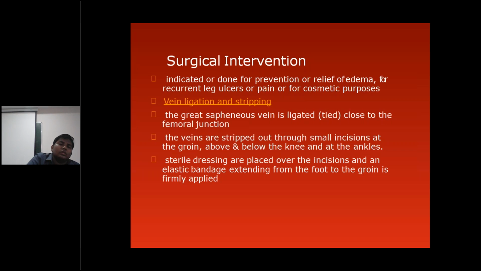So surgical intervention in case of varicose veins is one long-standing surgery known as the Trendelenburg surgery, which was modified by Perthes, the Perthes modification. It involves an incision in the groin, roughly 4 to 5 centimeters, below the inguinal ligament, 2 to 3 fingers below the groin crease.